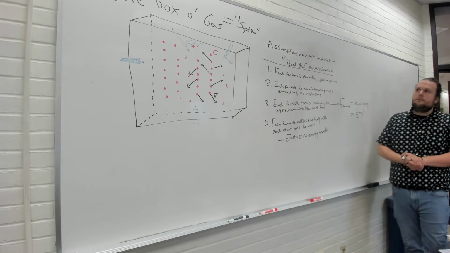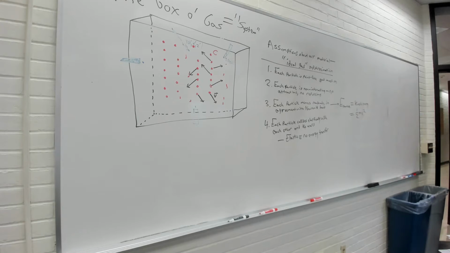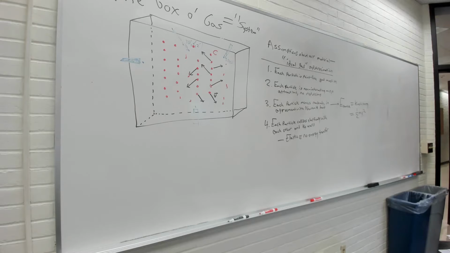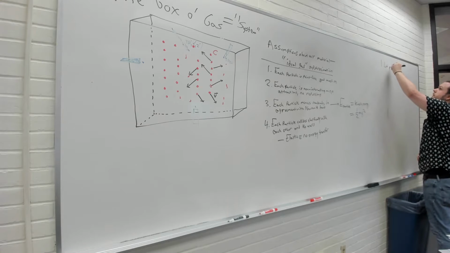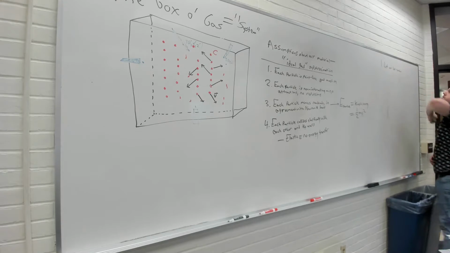I want to break this down before we dive into the math to get to the ideal gas approximation. I want to illustrate this point about randomness, and the way we're going to do it is very simple. Let our box contain just a few atoms.